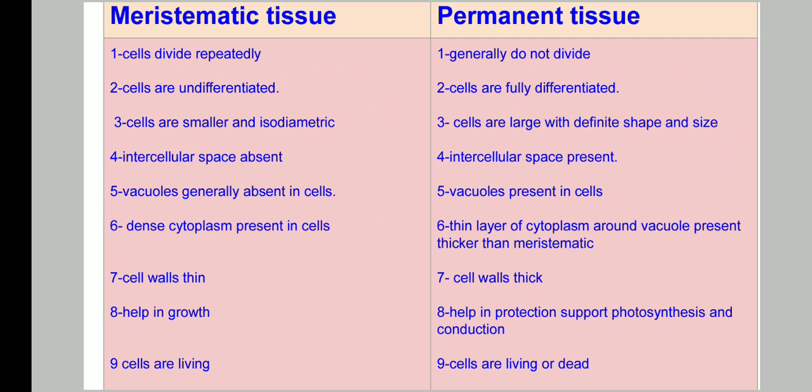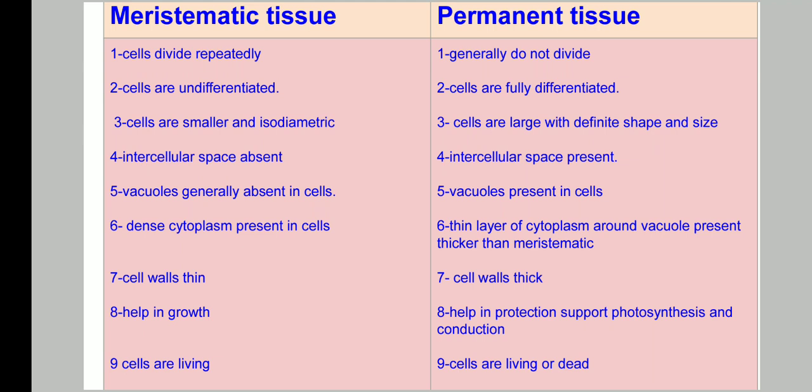Then number 3 is, cells are smaller and isodiametric in meristematic tissue, and this is because they need to divide only, and permanent tissue cells are large and they have definite shape and sizes. And then, intercellular space is absent in meristematic tissue, but permanent tissues have intercellular space, but in sclerenchyma intercellular space is not present.